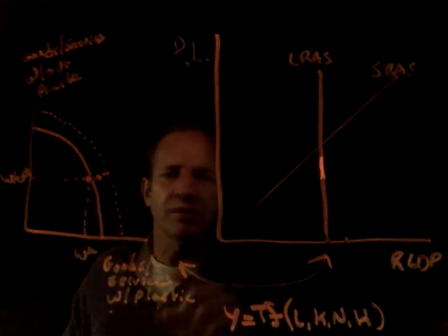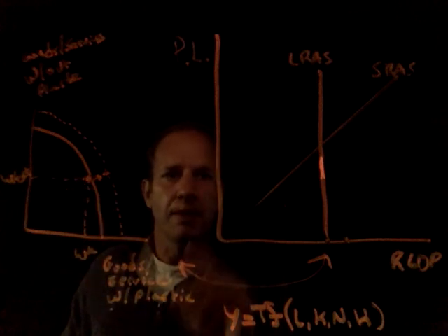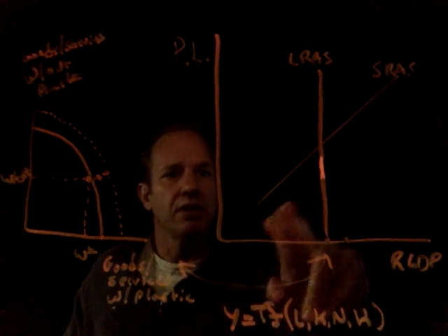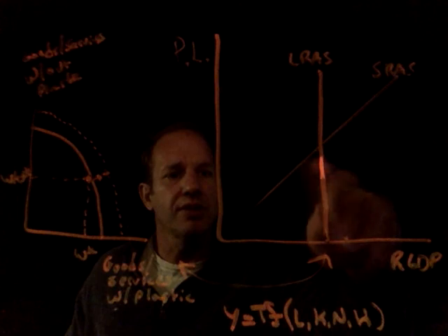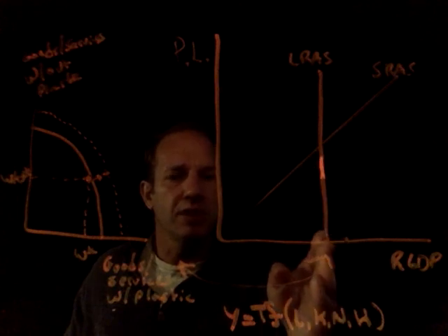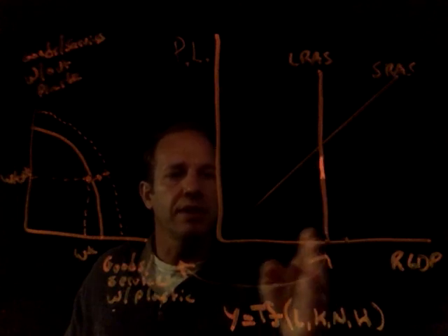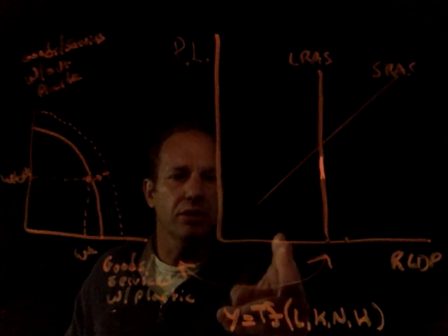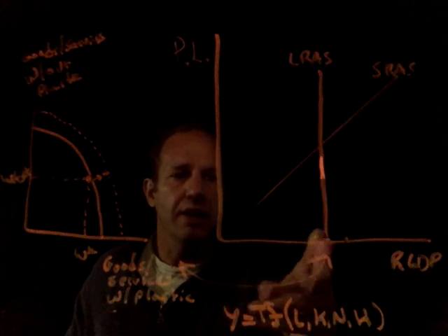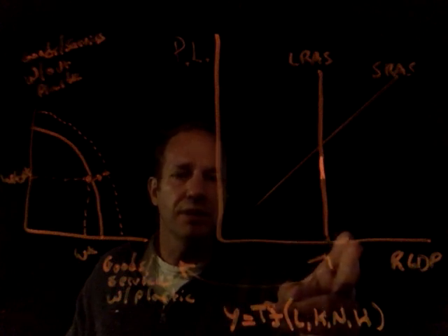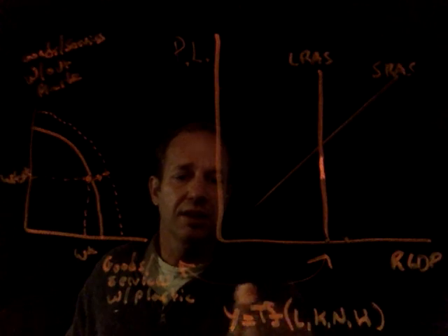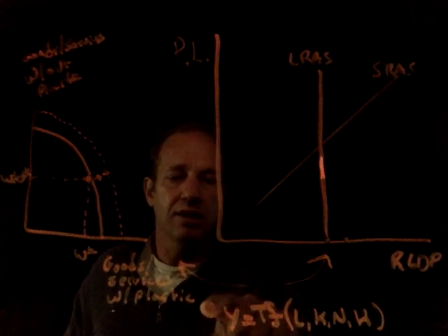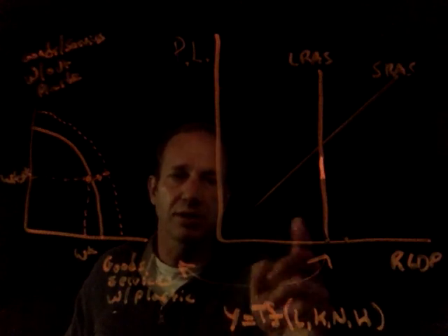So we have a short-run relationship to price where lower prices may be in parallel with lesser output, and higher prices may be in parallel to greater levels of output around the productive capacity of our economy, given these resources that it takes for us to make goods and services.